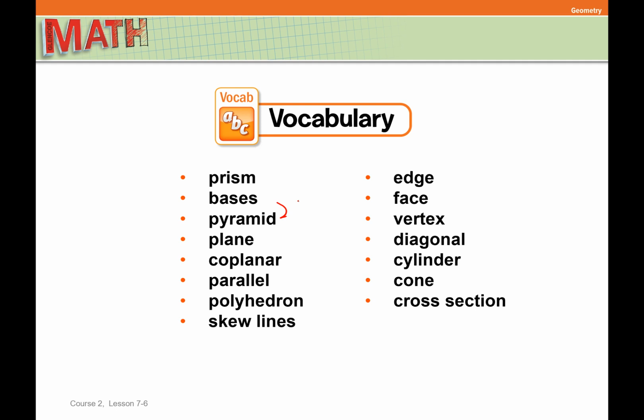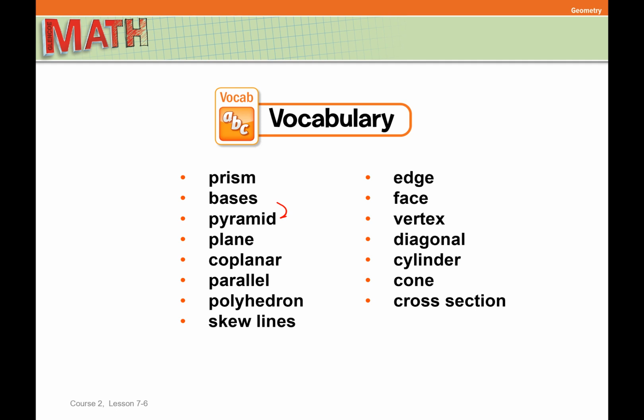A pyramid only has one base that has a vertex that's opposite from it. But most all other three-dimensional figures will have two congruent parallel bases.